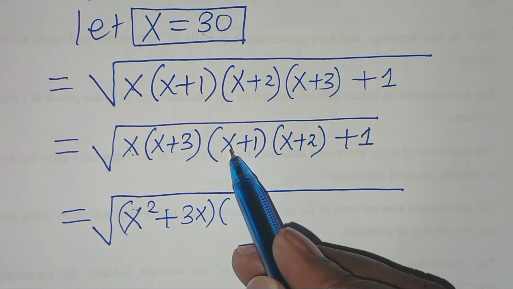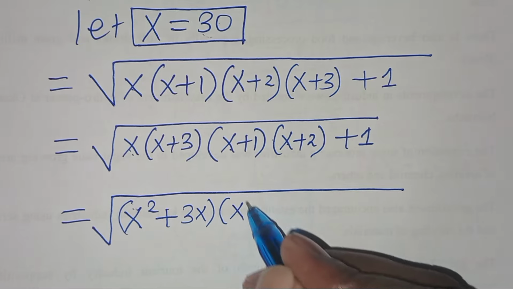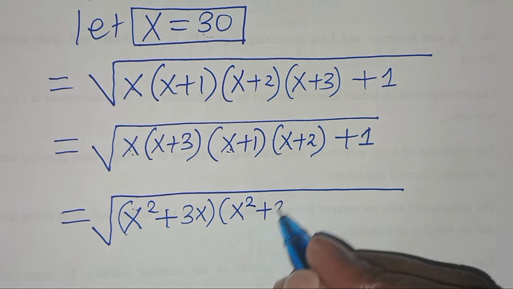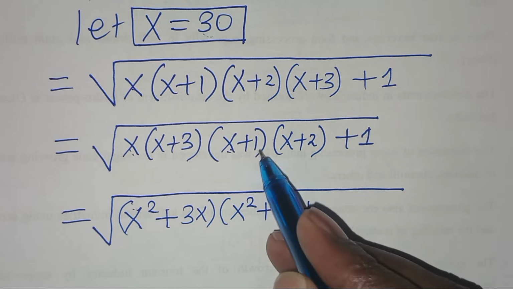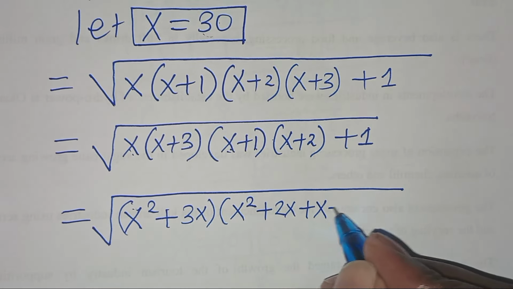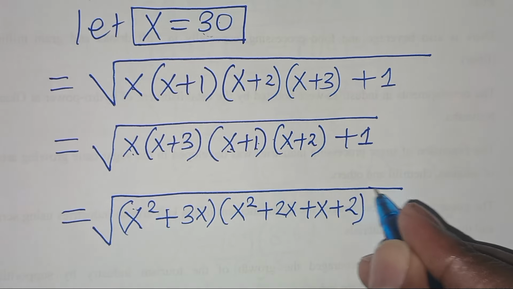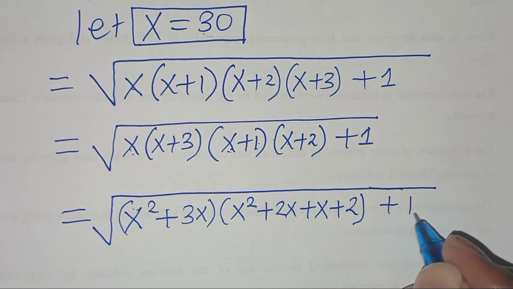And then here we have x times x, this is x to power 2, plus x times 2, this is 2x, then plus 1 times x, this is x, then plus 1 times 2, and this is equal to 2. Close the bracket and then plus 1.